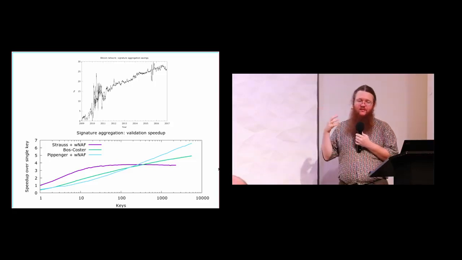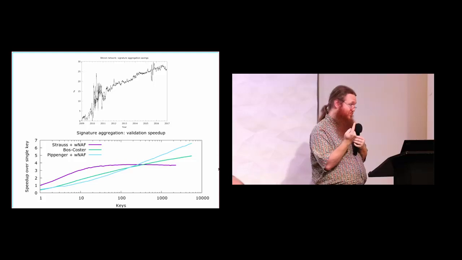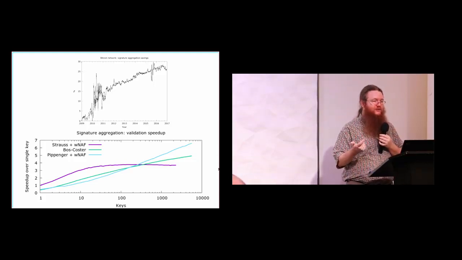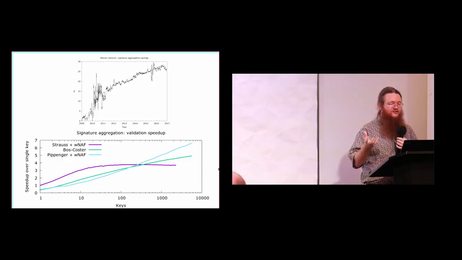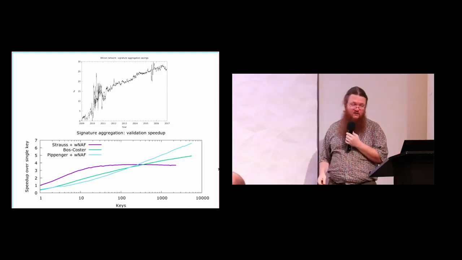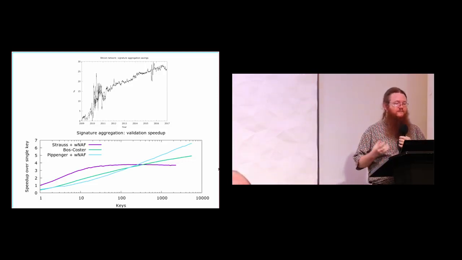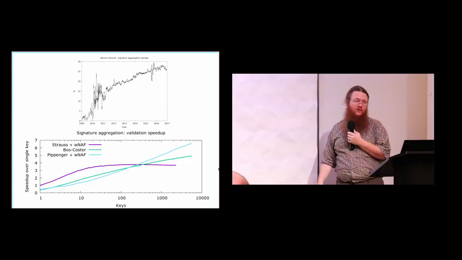Now, what this scheme does is reduce the size of the signature to just one signature per transaction, but the amount of computation that needs to be done to verify it is still proportional to the number of public keys going into it. But we're able to use this batching operation to combine them together and make them much faster. This chart shows the different algorithms we've been experimenting with for doing this combined validation. They get faster the more keys are involved.